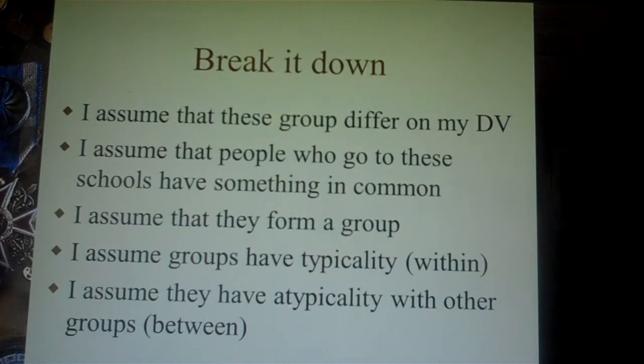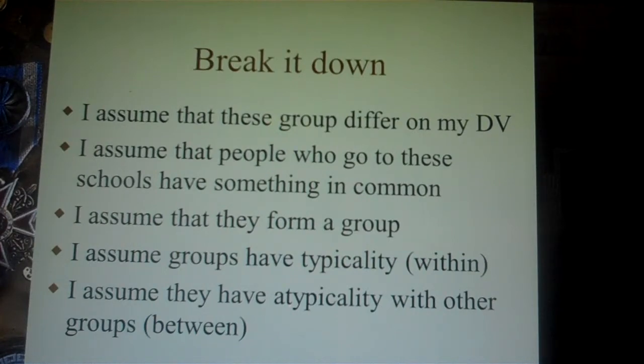I assume that these groups differ on my DV, which is how much time do you study. I assume that people who go to these schools have something in common with other students at these schools, but that they differ from the other schools, and by being similar, they form a group. Howard group, Shaw group, and Grambling group, who are similar to each other, but different from the other schools.